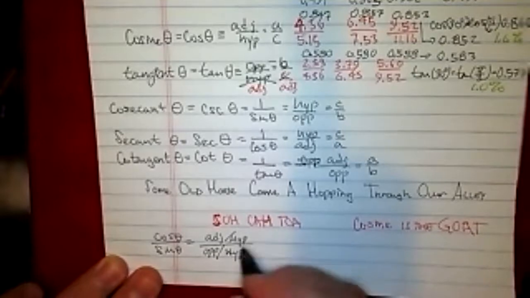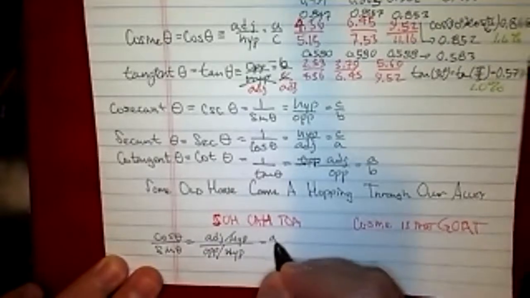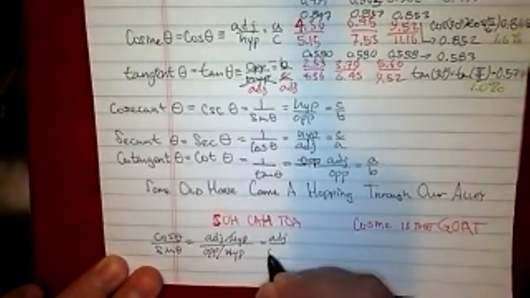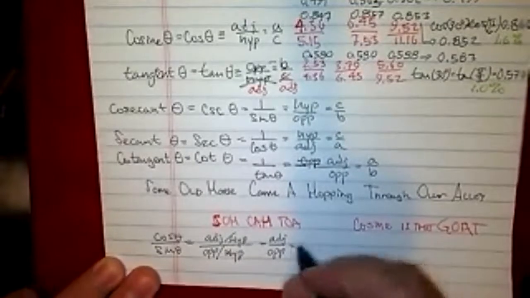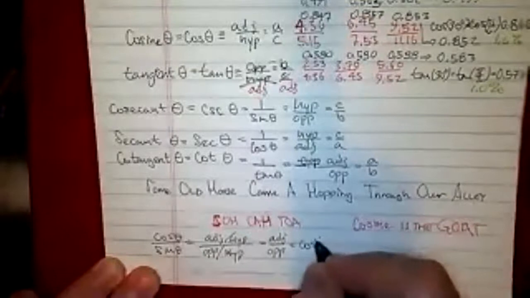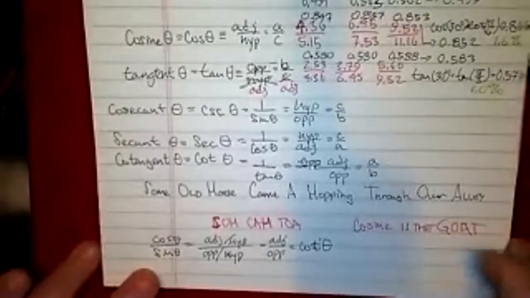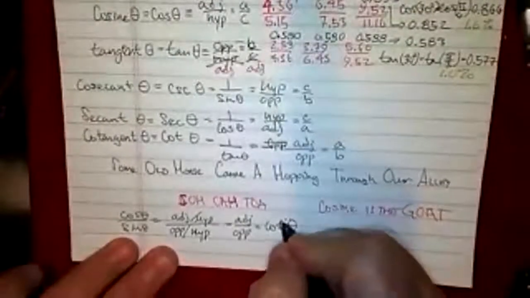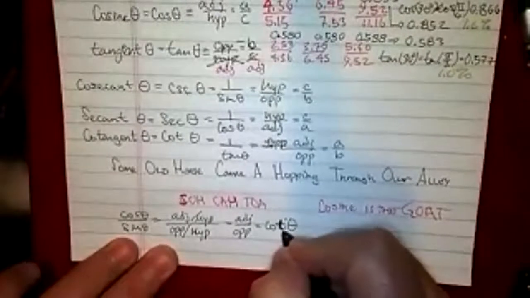So you see the hypotenuses cancel out, and I get adjacent over opposite, which is in fact cotangent theta. So I get cotangent theta.